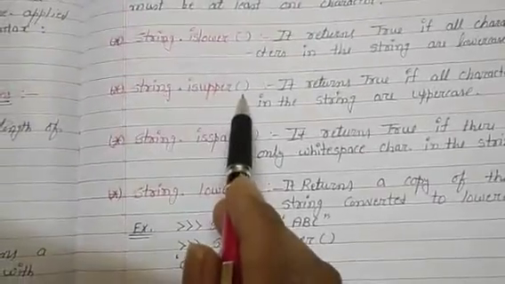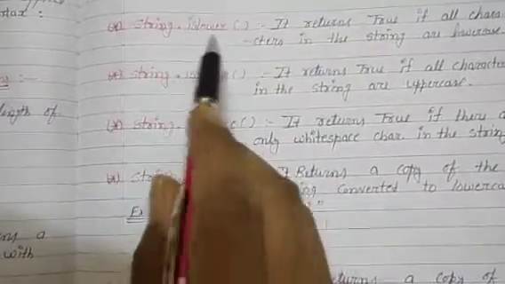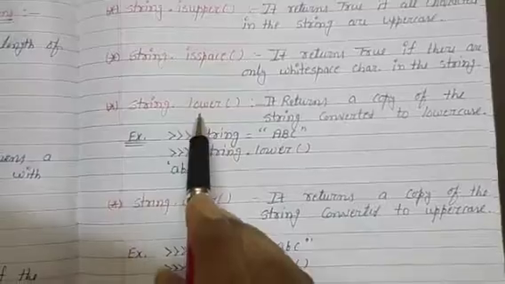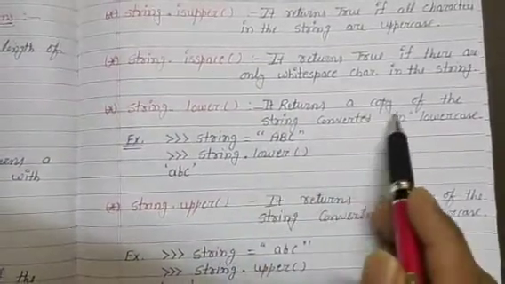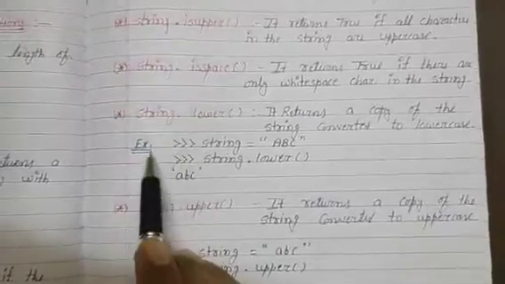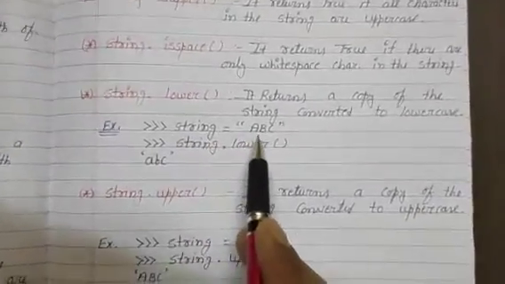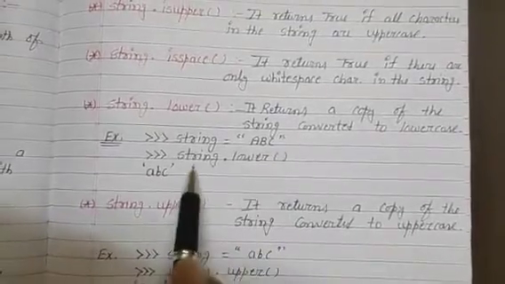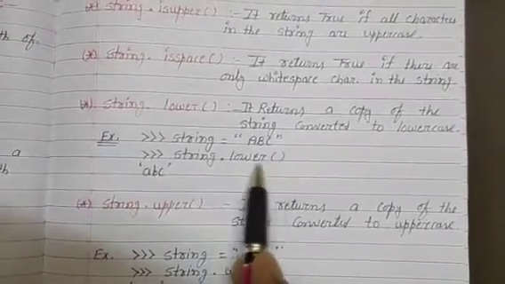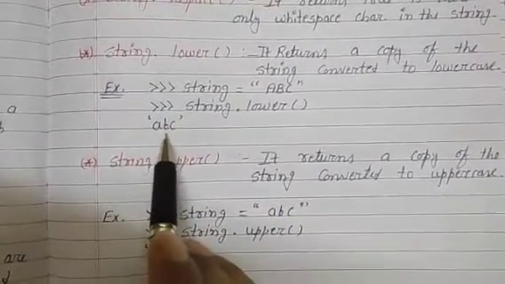So for example, the string contains capital ABC, then string dot lower function converts the string to lowercase, so the output is small a, b and c.